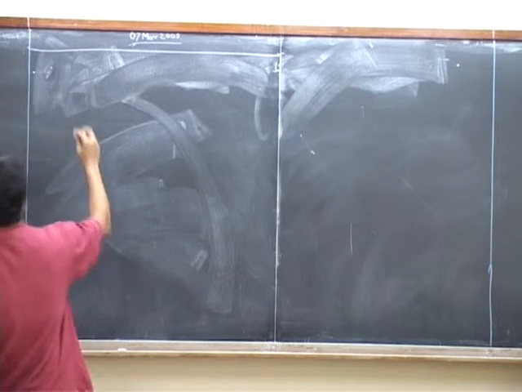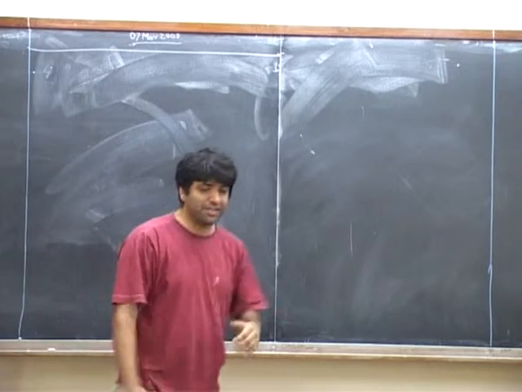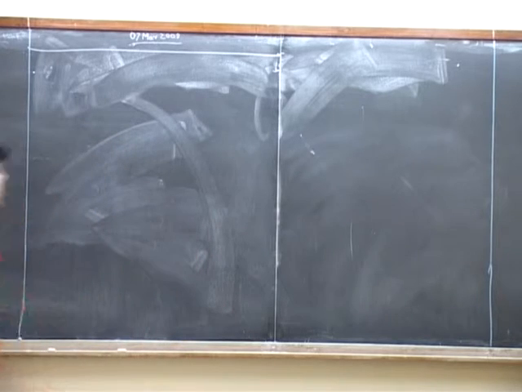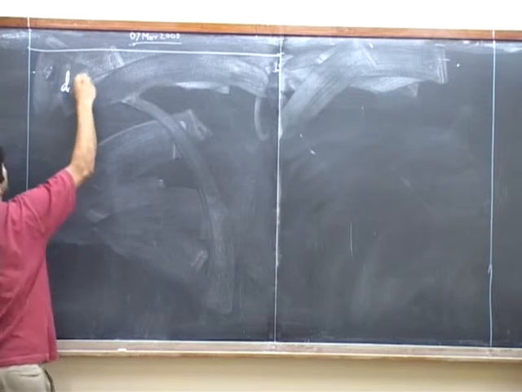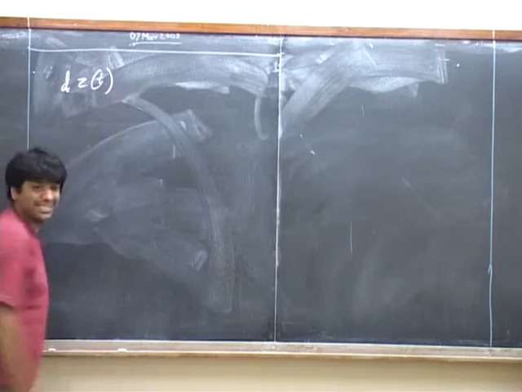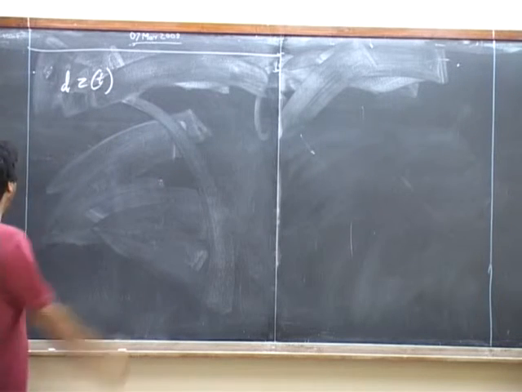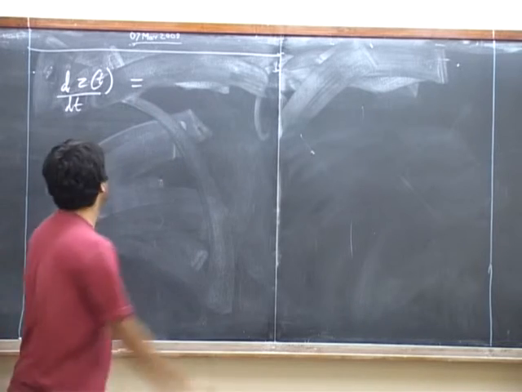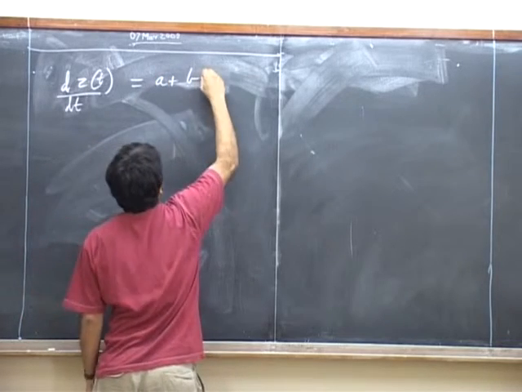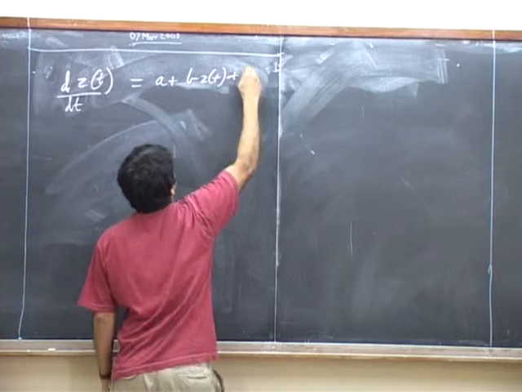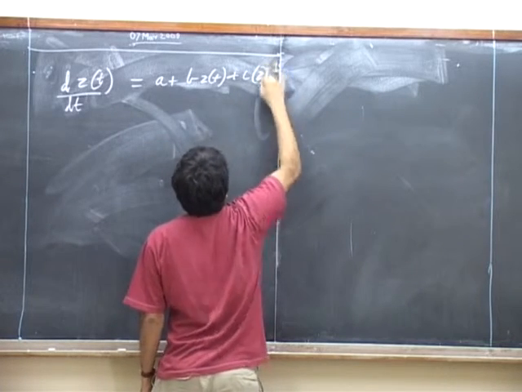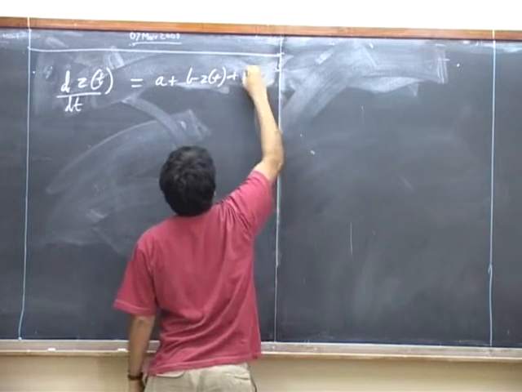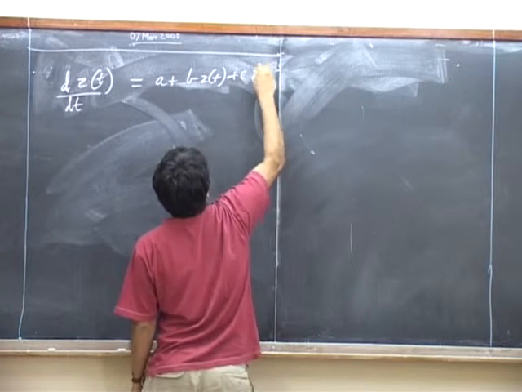So infinitesimally, suppose we wanted to redefine a coordinate z as a function of some parameter t. The change in z with respect to t is infinitesimally given by a plus b z(t) plus c z squared.